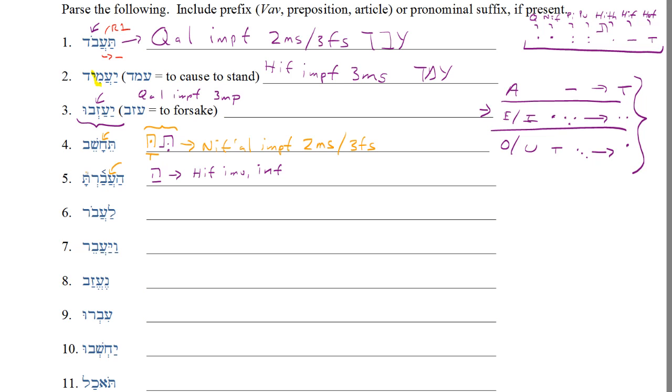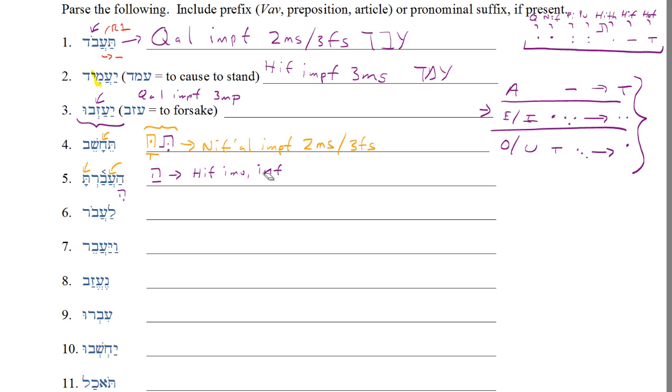Moving further, we look and we see, oh, we have a perfect suffix here. And so what it looks like has happened here is that this hey was originally a hirik for a hifil perfect, and it got converted to a patach because of its bumping up against a compound schwa, this hataf patach. And the perfect ending verifies that it's a hifil perfect.